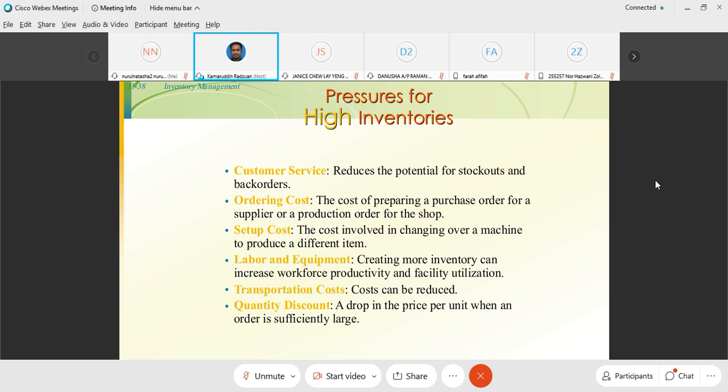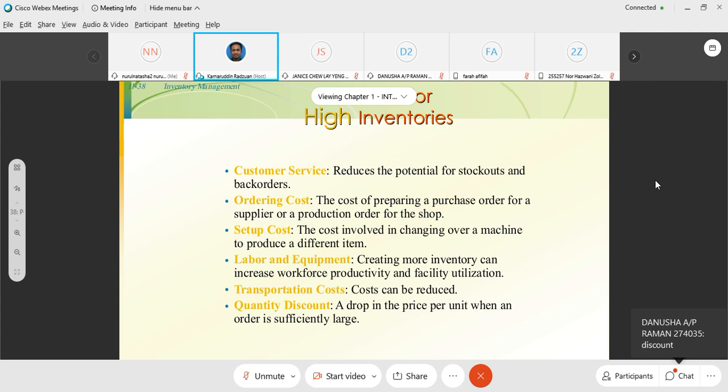Transportation cost can be reduced if we order in a large quantity of inventory. Based on a large volume order, we can gain economies of scale in transporting our inventory to the specific location.